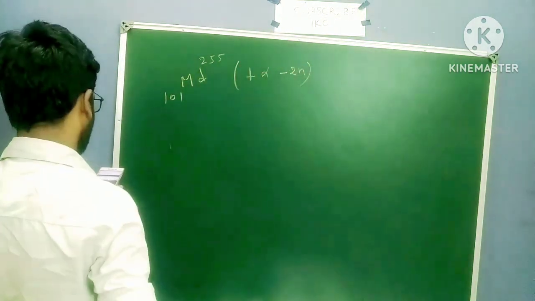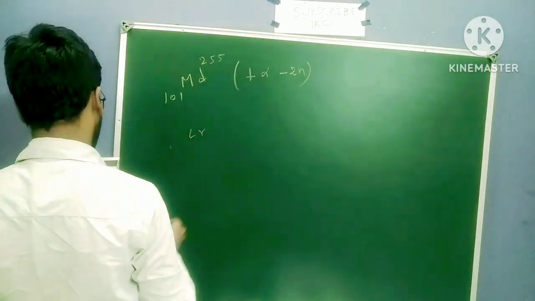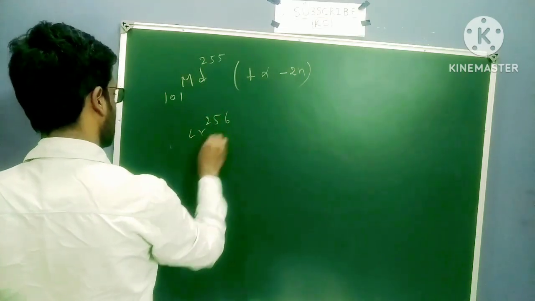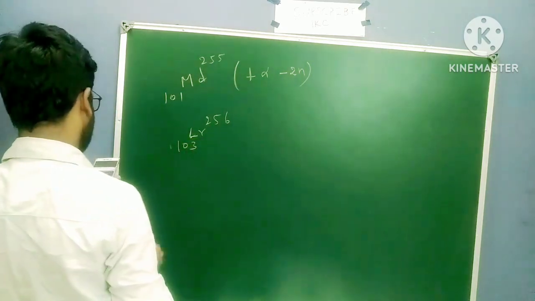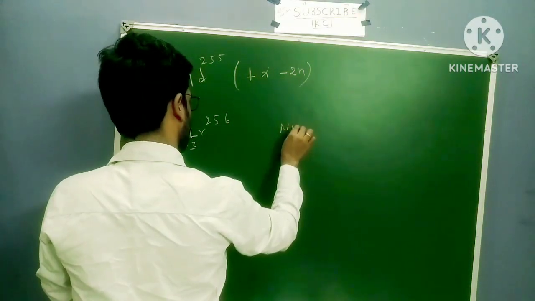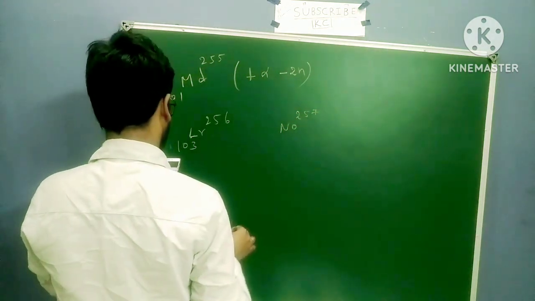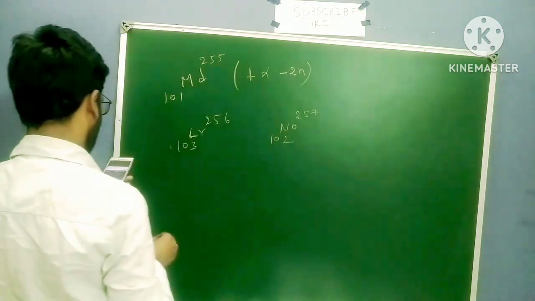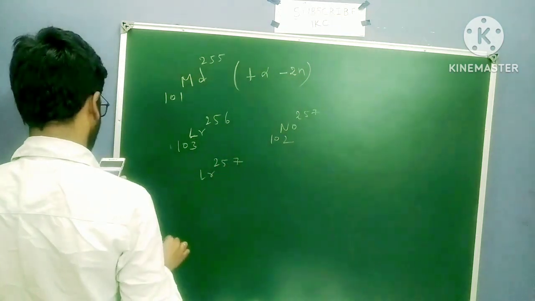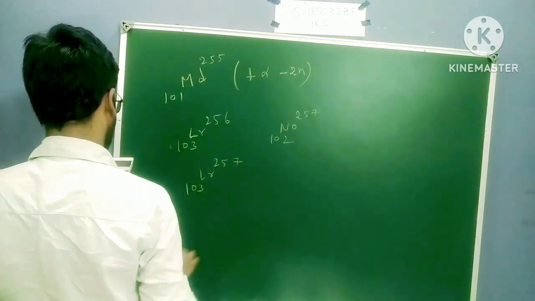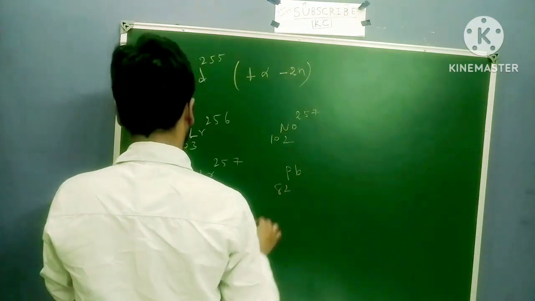The options are: first, lawrencium 256, 103; second, nobelium 257, 102; third, lawrencium 257, 103; fourth, lead 82, 205.